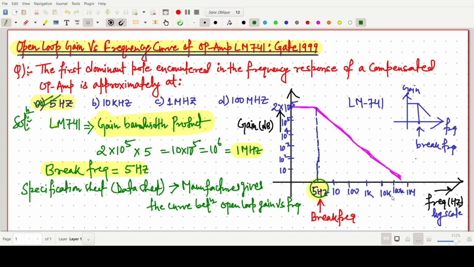This one is a log scale, so that's why 5, 10 like that. So this is the thing for this question.